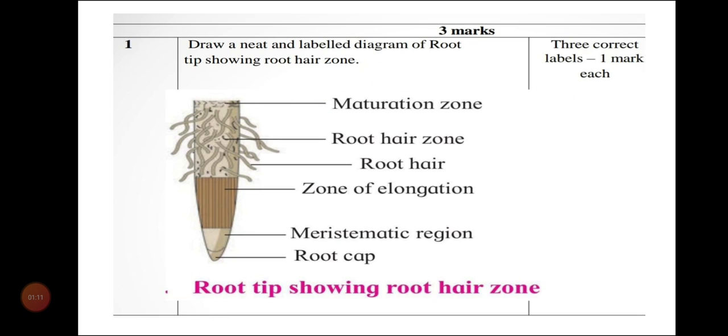Now listen, it is not necessary to label all the parts. For 3 correct labels you will get 1 mark each. That means this question is for 3 marks. In that you have to do any 3 correct labelings.